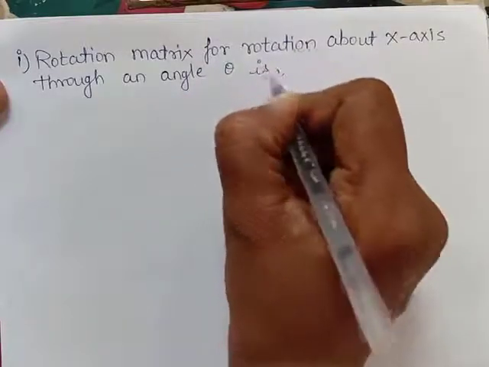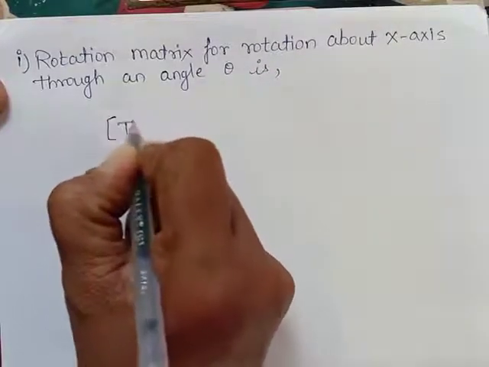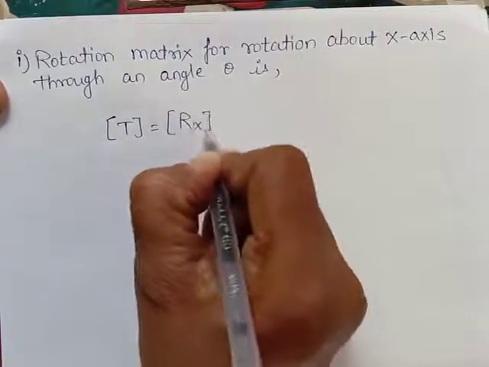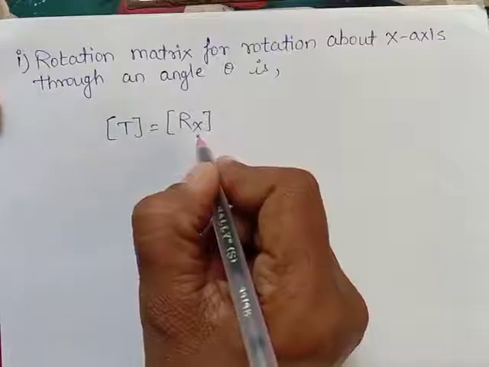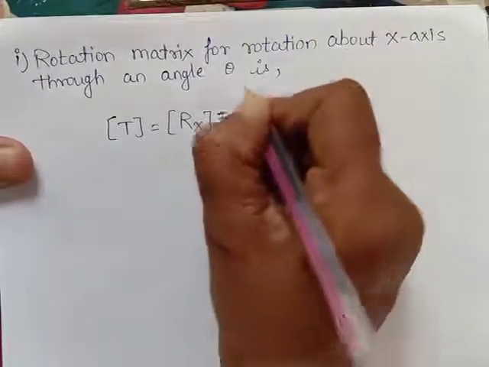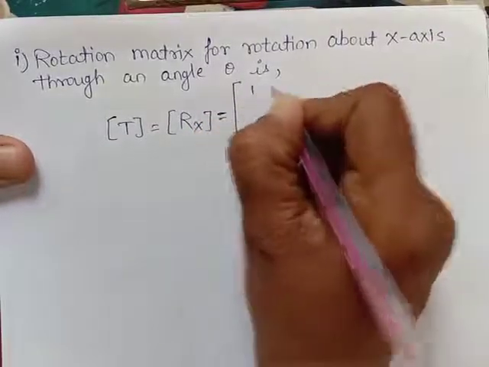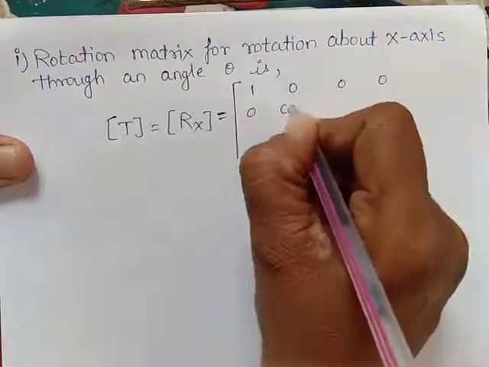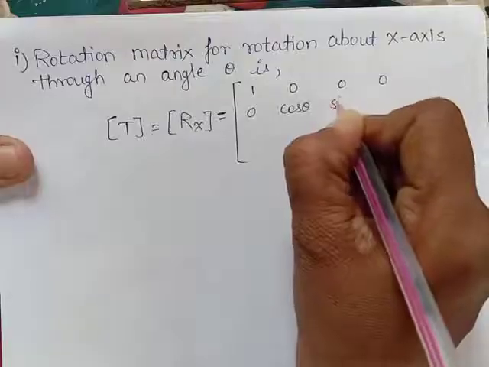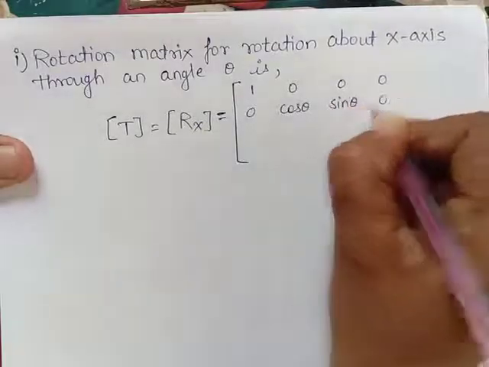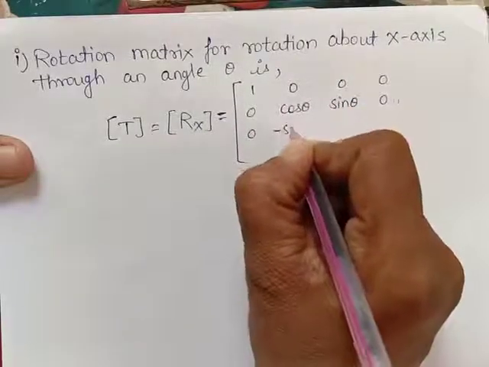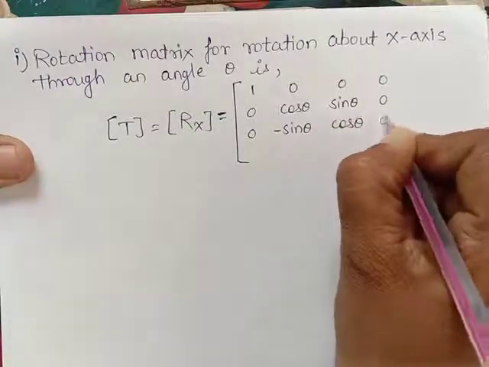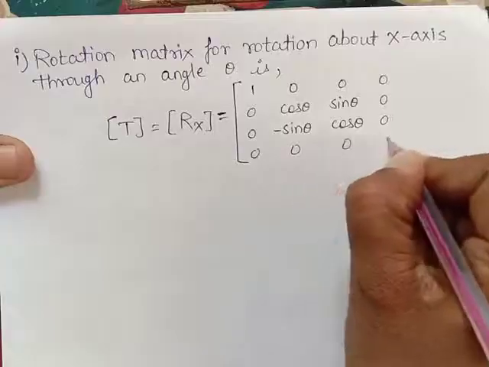That transformation matrix T is also denoted by Rx, rotation about x-axis, and that is given as 1 0 0 0 0 cos theta sin theta 0 0 minus sin theta cos theta 0 0 0 0 1.